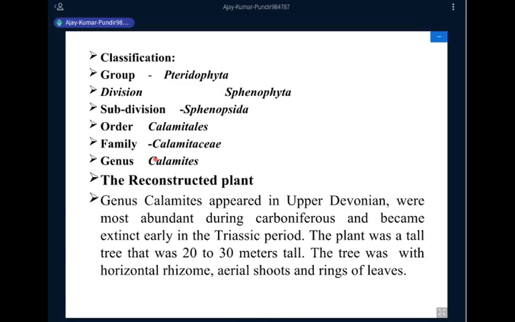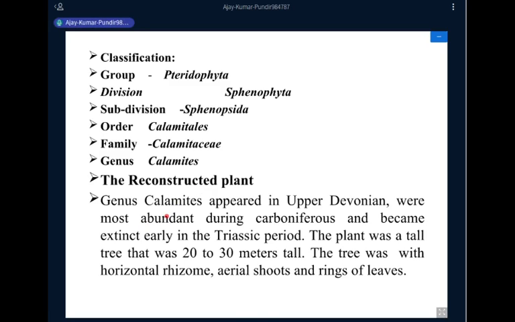Some paleobotanists work on the rhizome of Calamites, some work on the leaves, and some work on the branching pattern of Calamites. Today, we discuss the reconstructed plant, which means the plant is not completely found in fossil form. Calamites are found as fragments of rhizome, fragments of aerial shoot, and rings of branches.